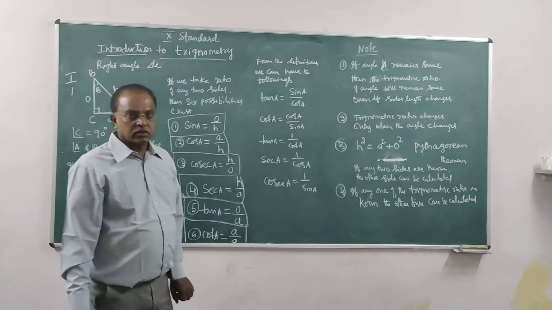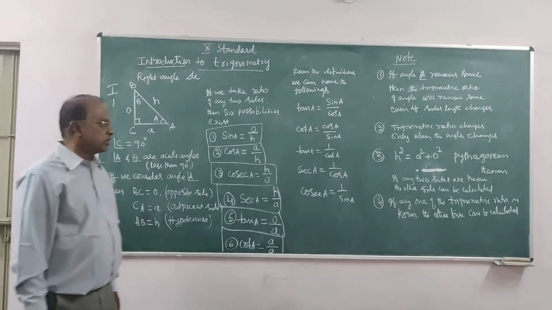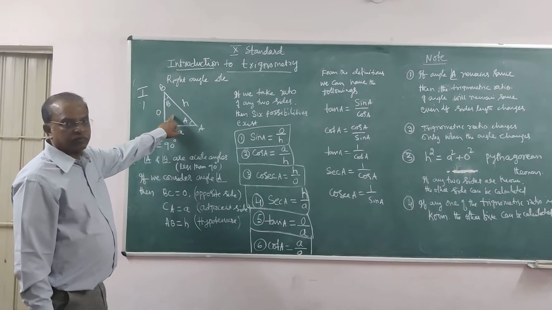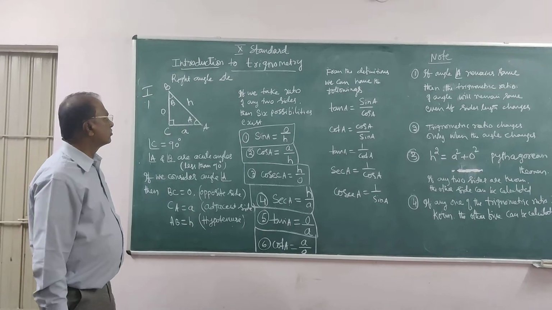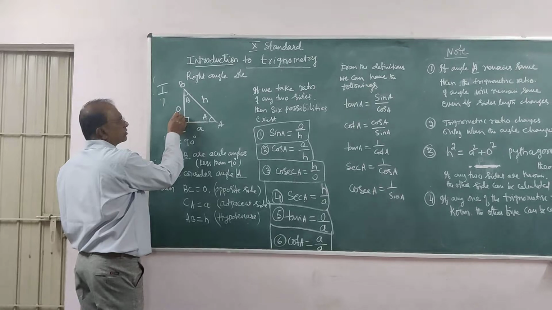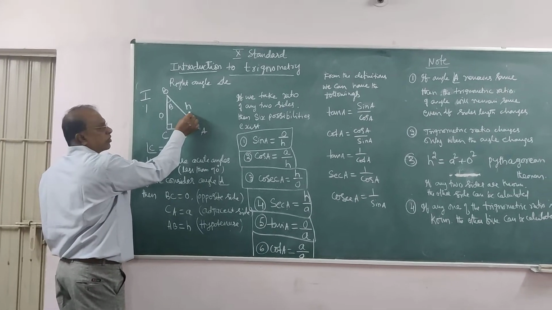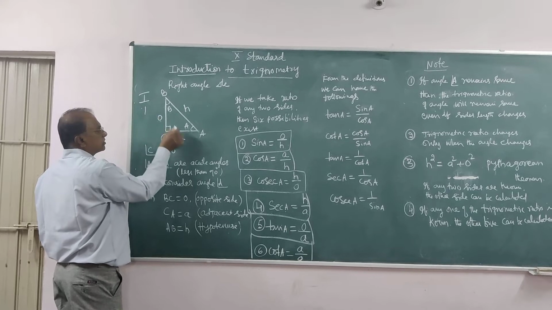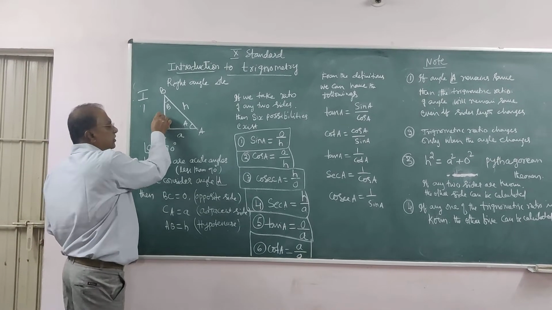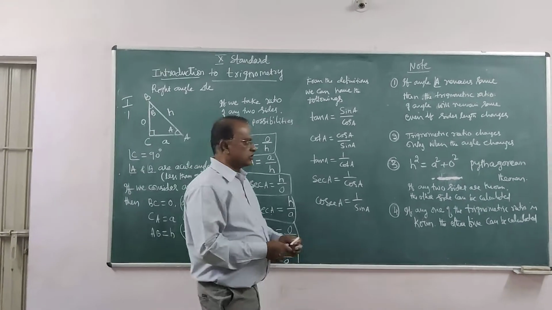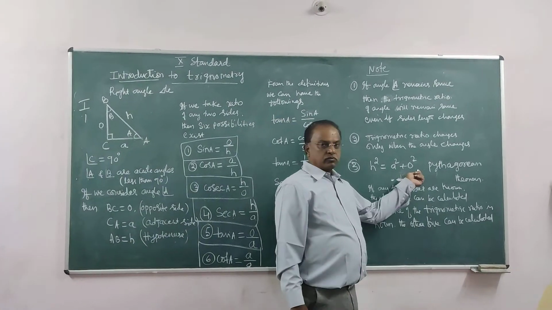And one more very basic equation that applies to this triangle is the Pythagorean theorem. What is this? X square is equal to a square plus o square. The square of the hypotenuse is equal to the sum of the squares of the adjacent and opposite sides, these remaining two sides.